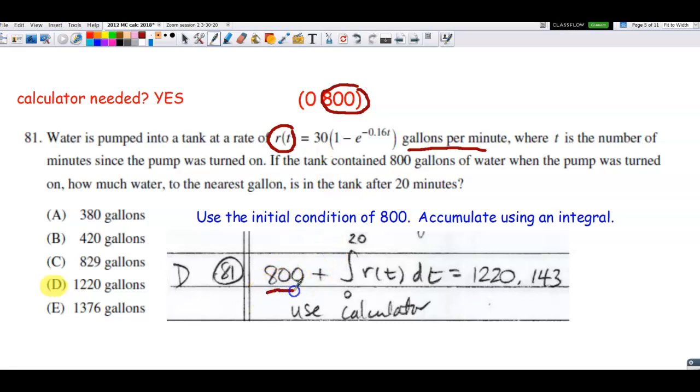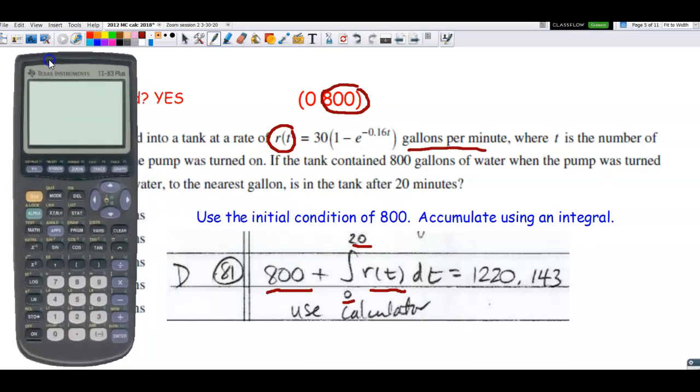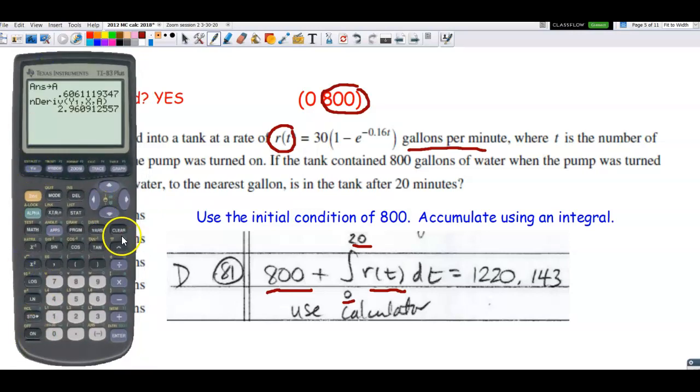So this is an initial condition problem that includes 800 gallons, starting at time 0, stopping 20 minutes later, accumulating the area under the rate. If you take that off of your calculator, I guess I'll do that, sure, why not? You can skip over it if you don't need to see it. Since there's no need to put this function into y1, I'm only going to use it one time.